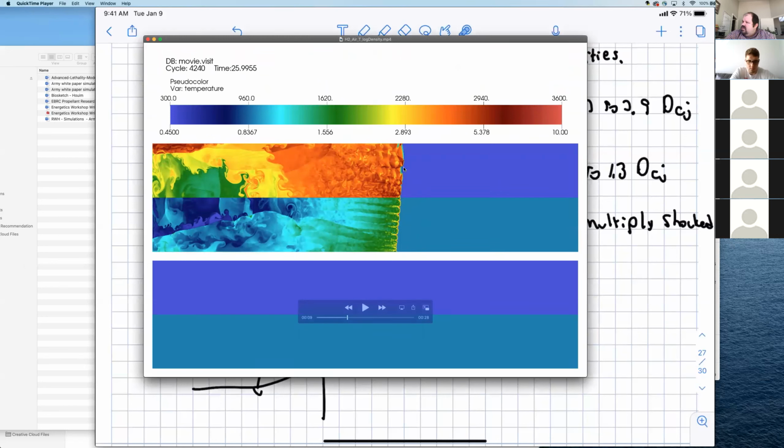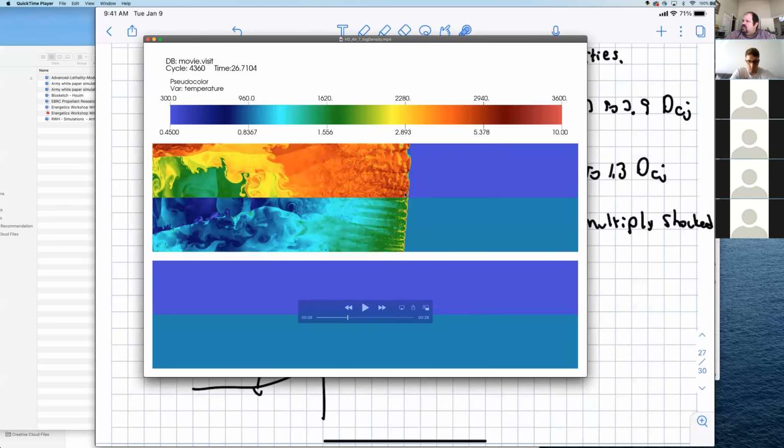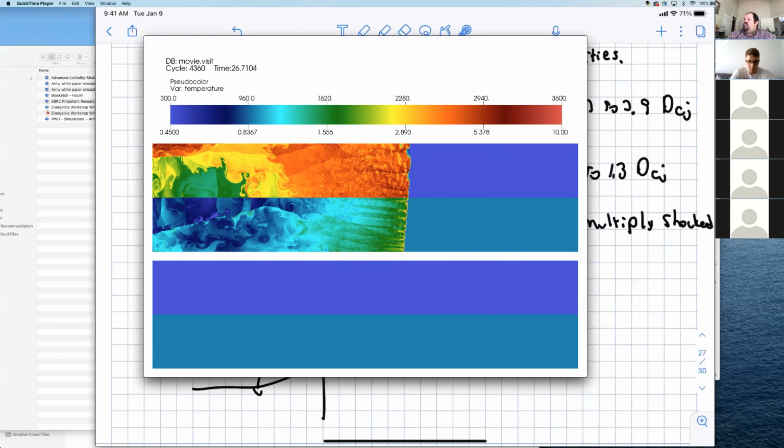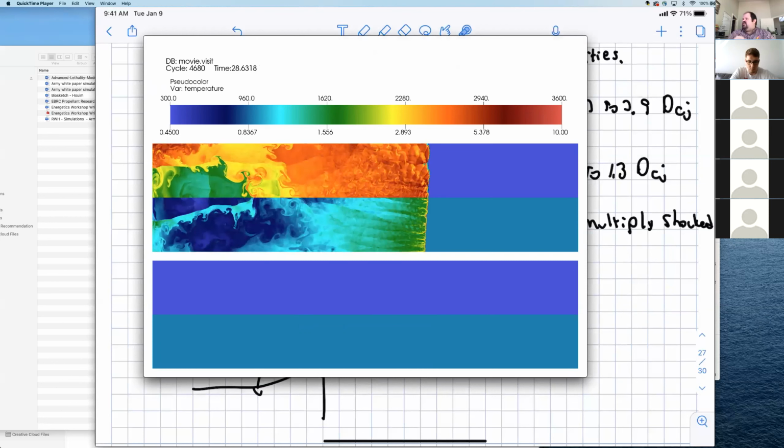So here we see a Mach stem right here, and an incident shock here. And then I'm going to fast forward the movie. Here you see two triple points that are about ready to collide. And now you see a new Mach stem forming that's basically a point explosion produced by the collision of those two triple points. Then that Mach stem grows, and this process repeats and repeats.